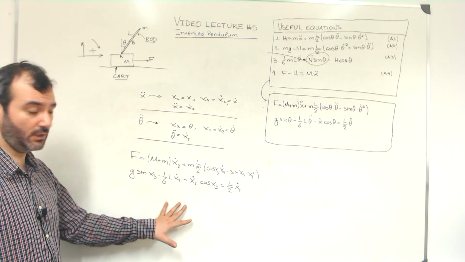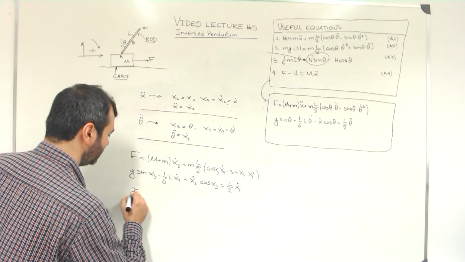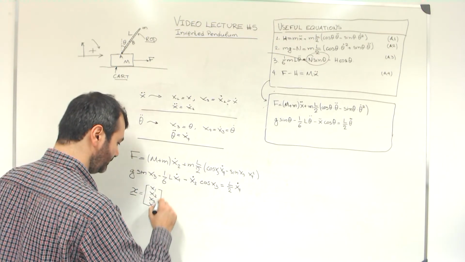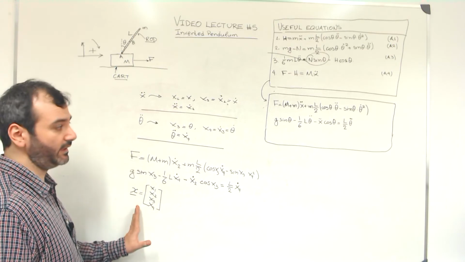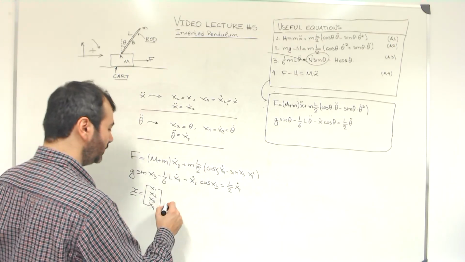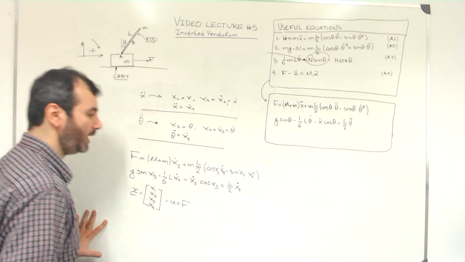And it is natural to introduce the state variable x underlined, or however you want to call it, x1, x2, x3, x4, and f is the input variable, what we used to call u in previous lectures.